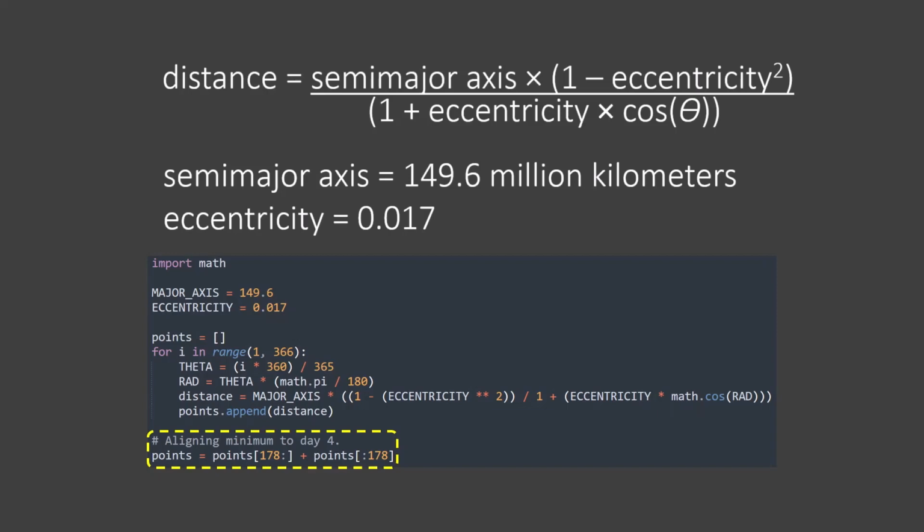So I went back 3 days so that I've basically aligned all of these points to be day 1, day 2, day 3, day 4. And you can see that I've just done that by slicing the points and adding the two chunks back together. So now our points align to the days, and we can plot this as a nice simple function of distance from the sun against days.